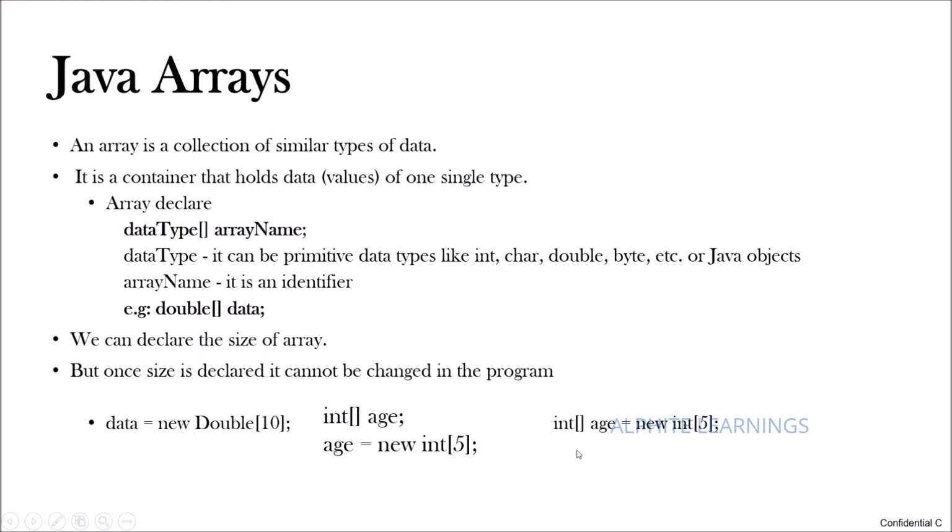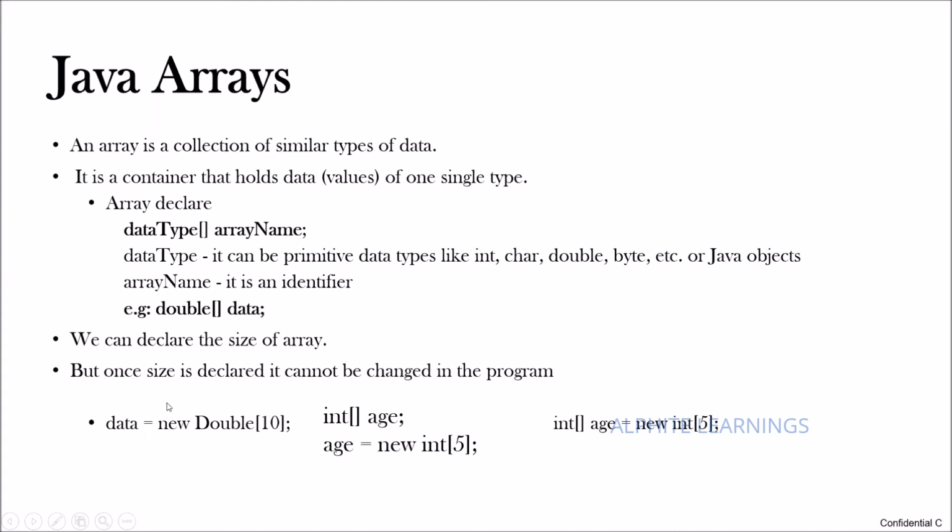So, the three different ways. For example, in the first line I have declared double, square bracket, and data. In the next line, if I have to accommodate 10 characters, I can give new double of 10. The new keyword is used to create an instance.